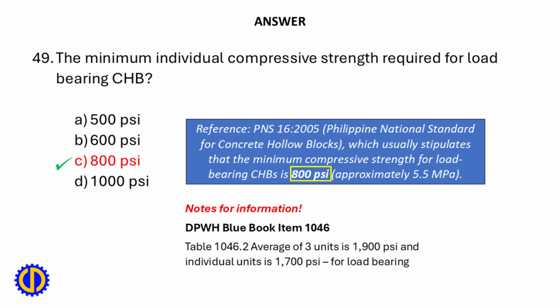Reference, PNS 16-2005 Philippine National Standard for Concrete Hollow Blocks, which usually stipulates that the minimum compressive strength for load-bearing CHBs is 800 psi, approximately 5.5 MPa. Notes for information, Blue Book Item 1046, for load-bearing: average of 3 units is 1,900 psi and individual units is 1,700 psi.